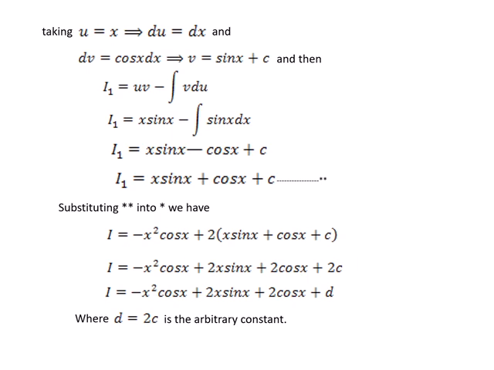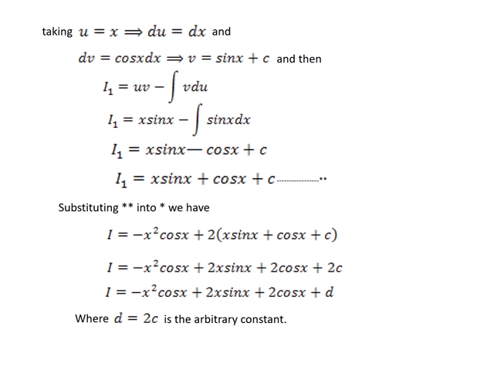Here we can easily integrate sin s. If we integrate sin s, it gives us what? Cos s. So that's why we have our I1 equal to s sin s minus cos s plus the arbitrary constant.